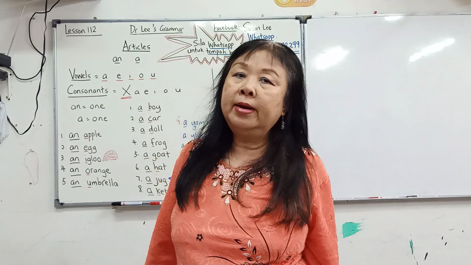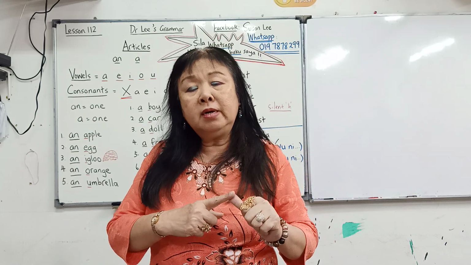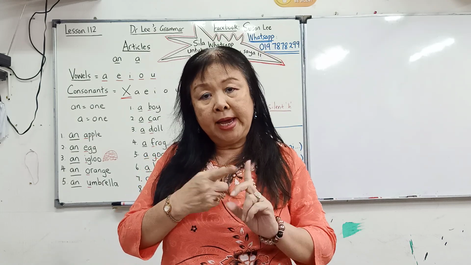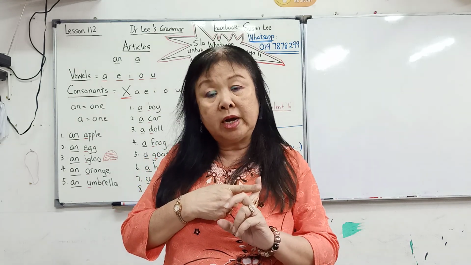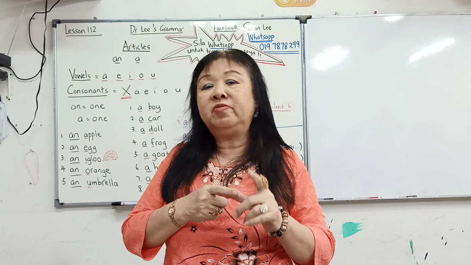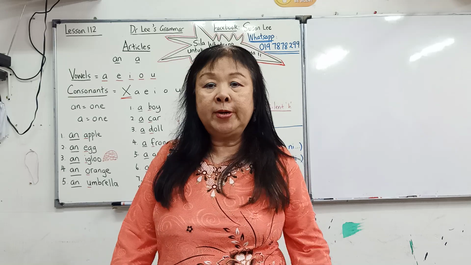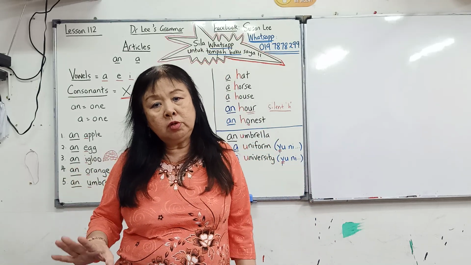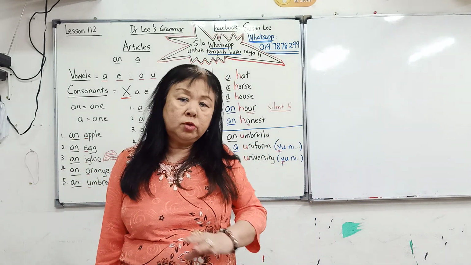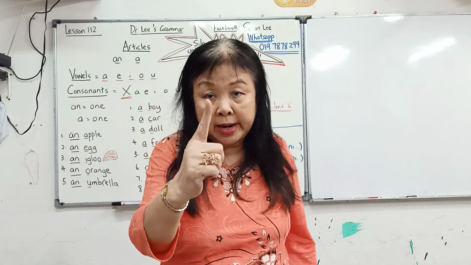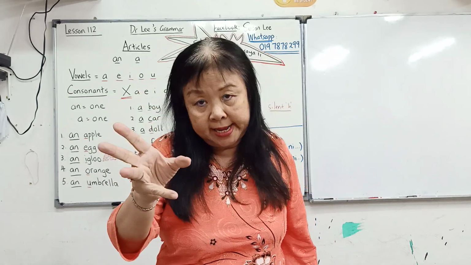So I repeat, a means one, an means one. An is for A-E-I-O-U, which are called vowels. A is for consonants. Consonants are not vowels. Okay, so A-E-I-O-U, we use an. If not A-E-I-O-U, we use a when we are talking about one. So we don't say one egg, we say an egg.